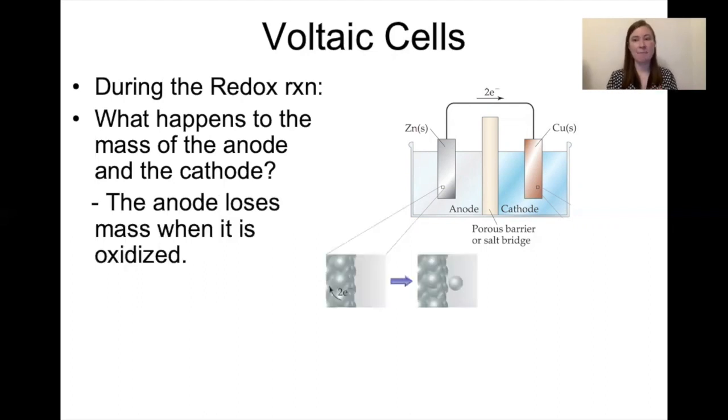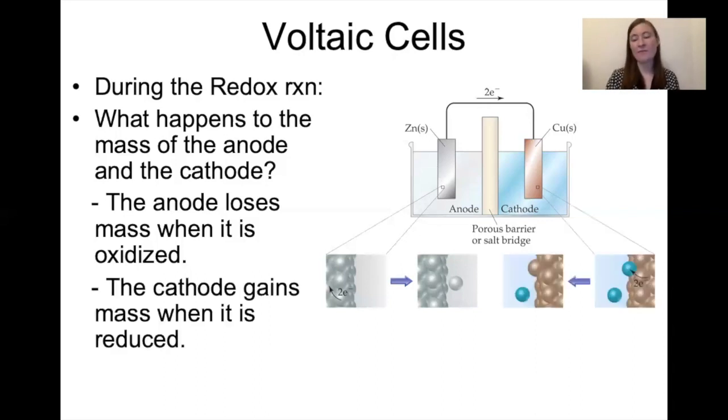That means that the metal ions in the anode are losing electrons and becoming aqueous ions. And so the anode, the actual strip of metal, is losing mass. It's getting lighter and lighter because as the reaction is happening, that metal strip is basically dissolving into the solution. Meanwhile, the cathode is getting reduced.